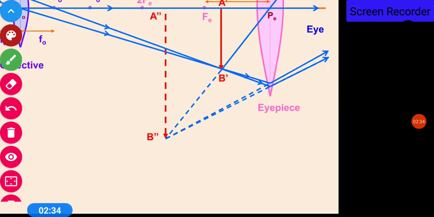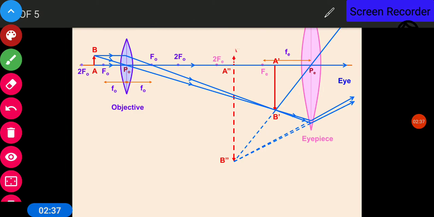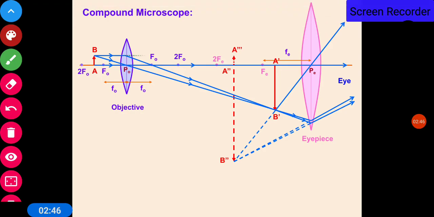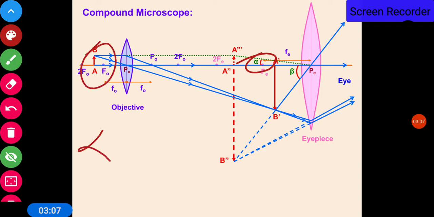Now let us extend A double dash to the upper side, A triple dash, and join B to A double dash. Now A triple dash is connected to point P0. This angle is termed alpha. Alpha is the angle made by the object AB at the eye.